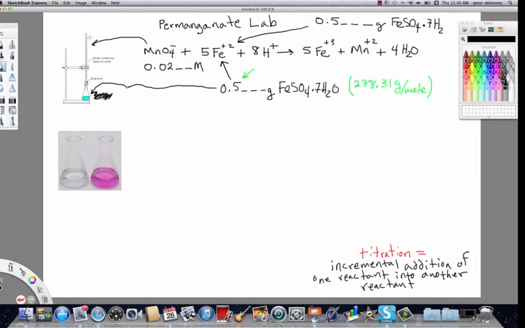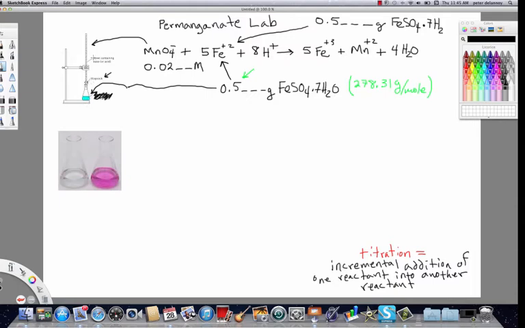Notice that the glass cylinder has milliliter graduations on it, and near the base of it, it has what we call a stopcock. Basically, the stopcock is a valve that allows you to turn the burette on or off, so you can dispense material incrementally from the burette into the collection flask.